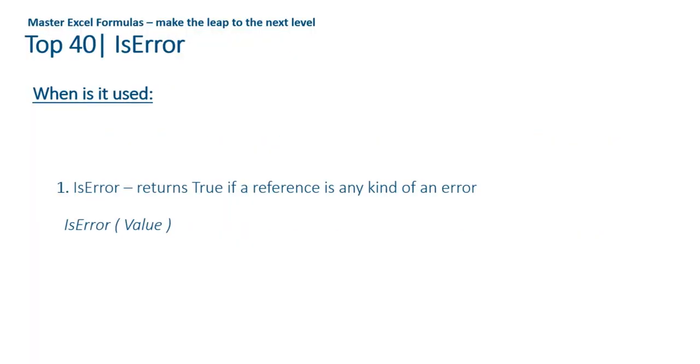We have another formula here, which is is error. Is error is quite similar to the is NA formula that we already discussed, but the difference between them is that the is error formula will return true even if there is an NA error.